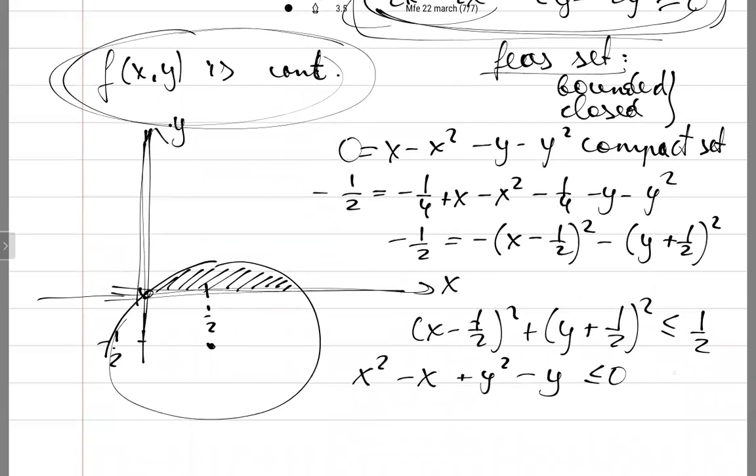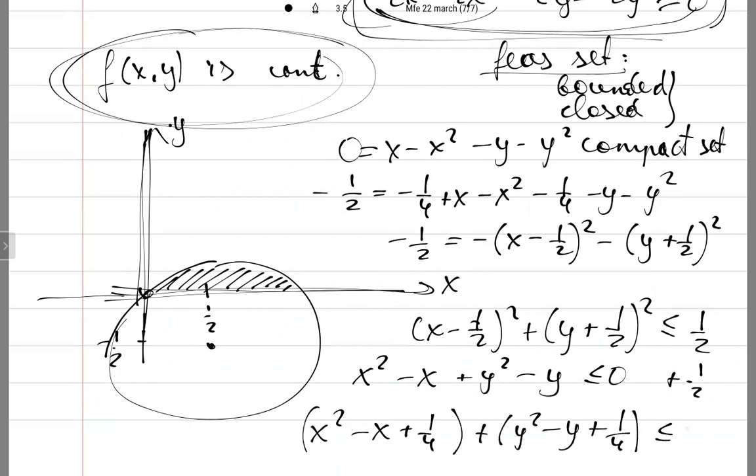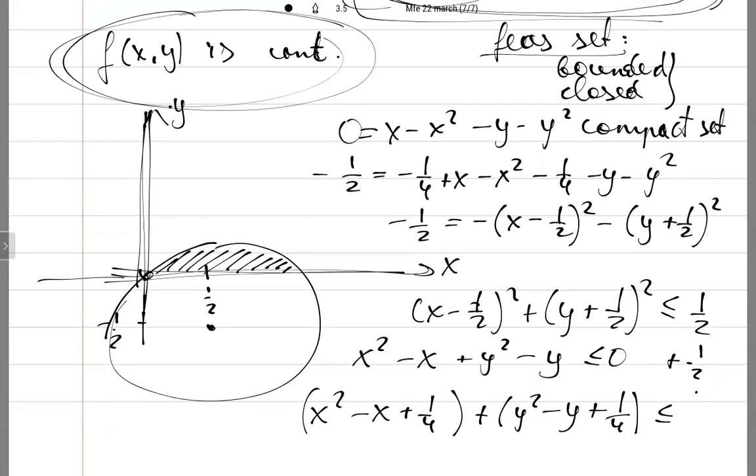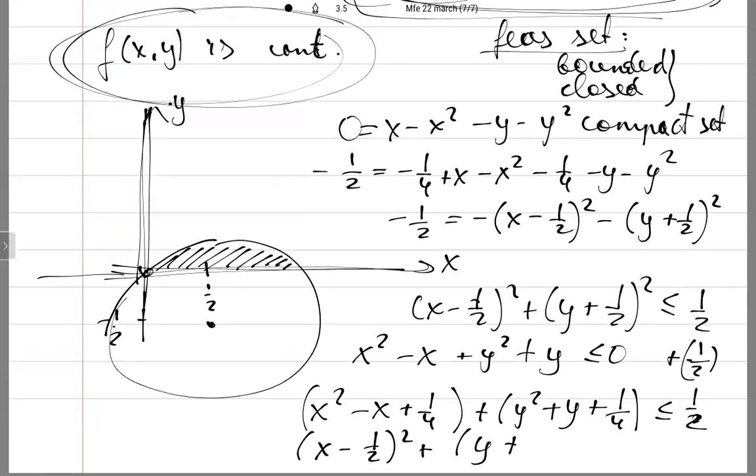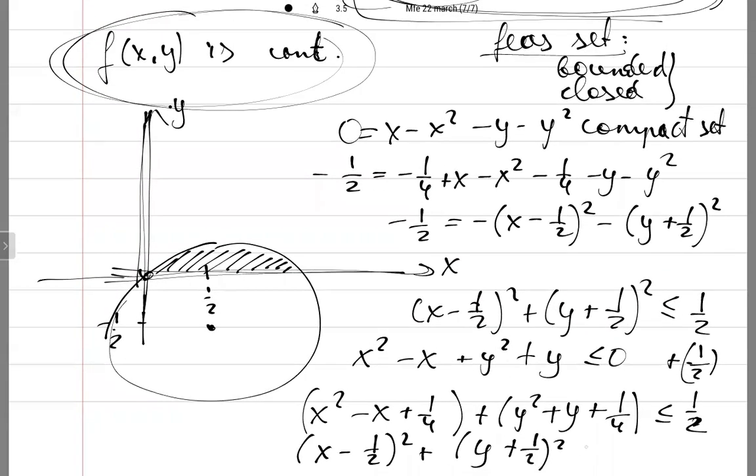I have added plus 1/4 to both sides and completed the squares: (x minus 1/2) squared plus, sorry, that is plus, (y plus 1/2) squared. So I see that it's a circle. I have not calculated the area at all.